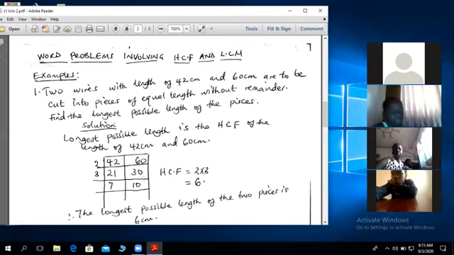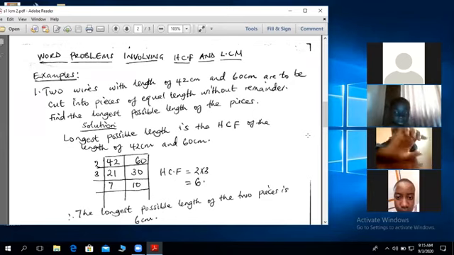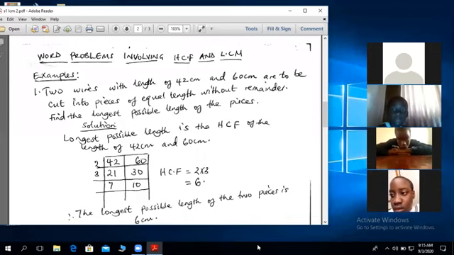Just understand the concept. So, problems involving LCM and highest common factor, it means a question can come in word problems, like that question. And you are required to use your knowledge and find out whether it is highest common factor or LCM that should apply to that question.